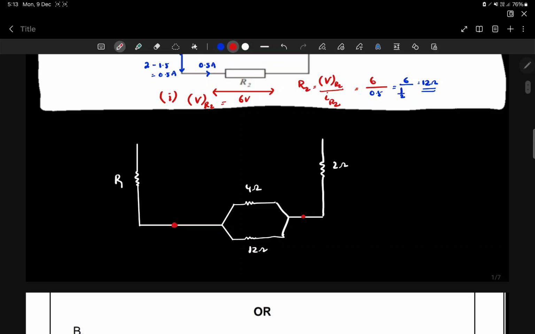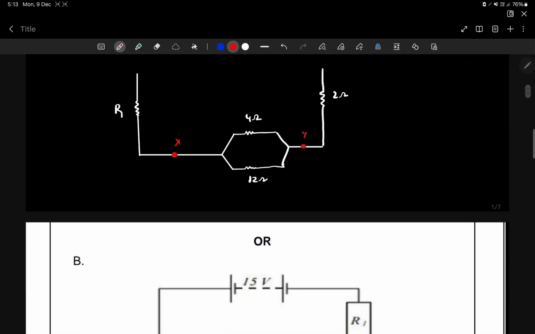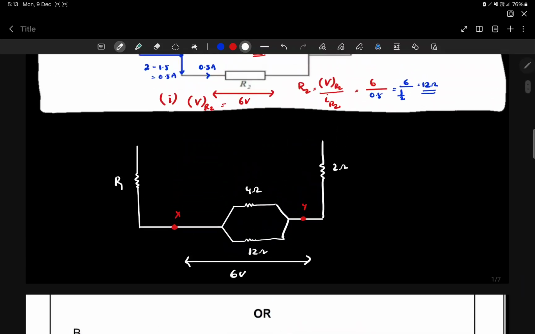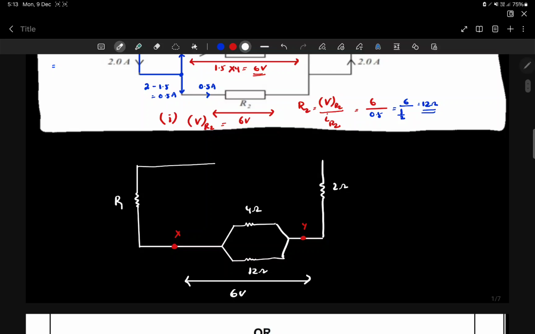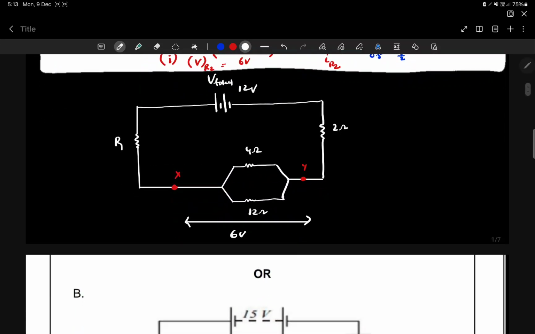Now potential difference across these 2 points X and Y we have already calculated. That is your 6 volt. So you mention it. The potential difference is 6 volt. Out of the total voltage, your total voltage in the given question is 12 volt. So out of the total voltage, 6 volt is consumed by the combination of 4 ohm and 12 ohm resistor.